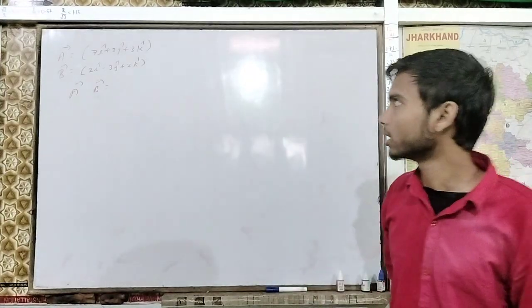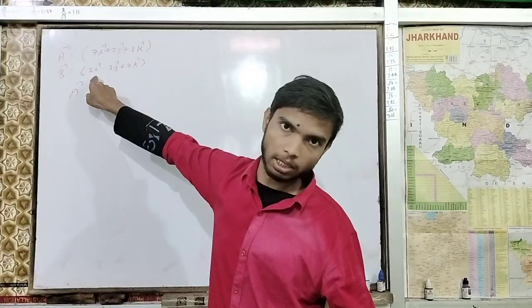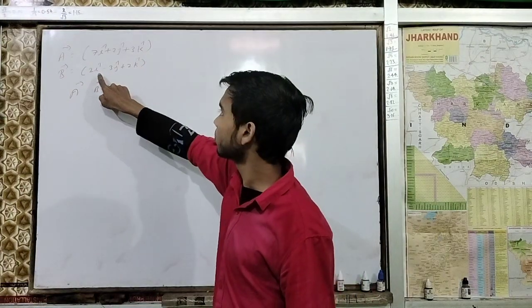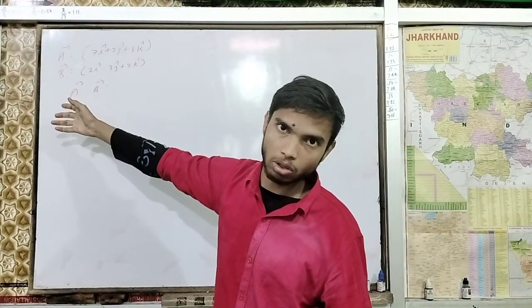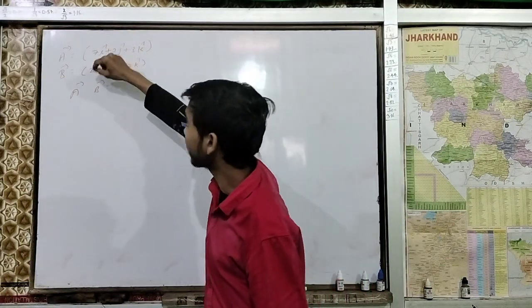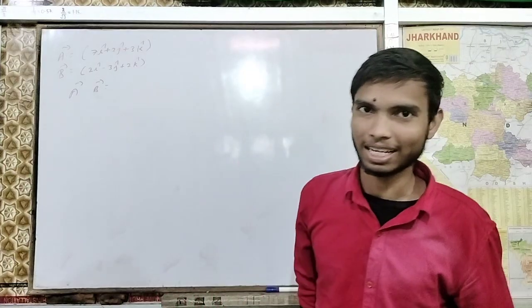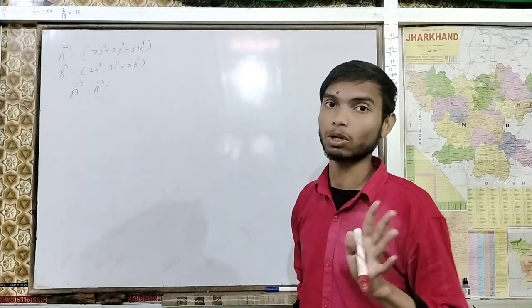Same if you do j cap then i cap, again 0, k cap then i cap, again 0. But what if you take this i cap and the same i cap? In that case, you will get 1. And remember, we are going to multiply, not add.